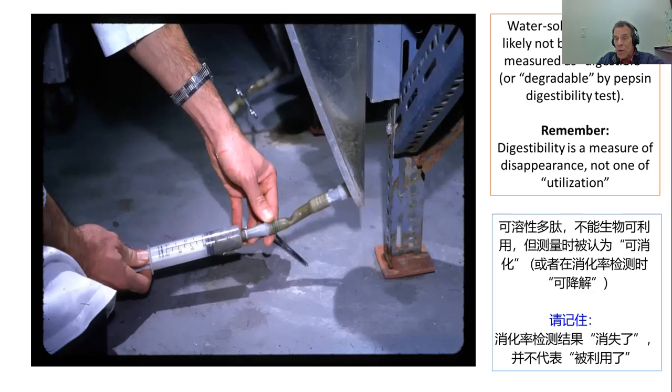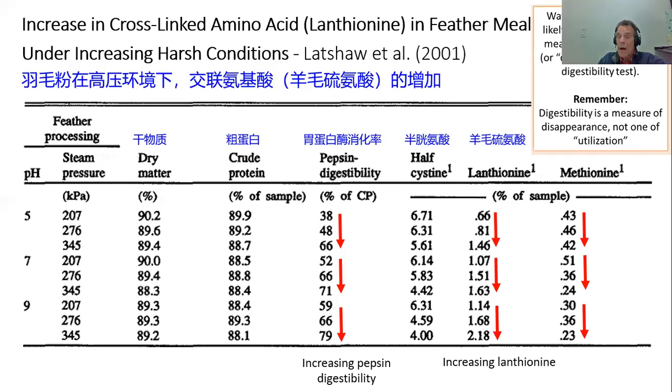So that's one of the reasons why you have to be careful about digestibility measurements, because of this potential disappearance of some molecule that you measure as digestible and may not be bioavailable. But even more than this, when we look at the work of Latcha from 2000 and look at pepsin digestibility, you can see that pepsin digestibility increased the same way that lanthionine increased.